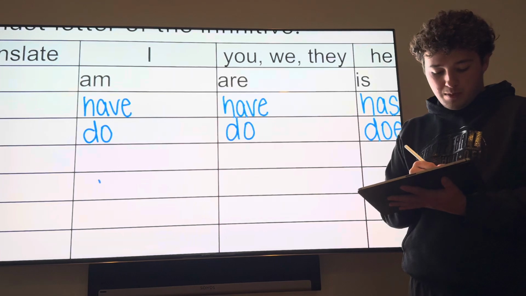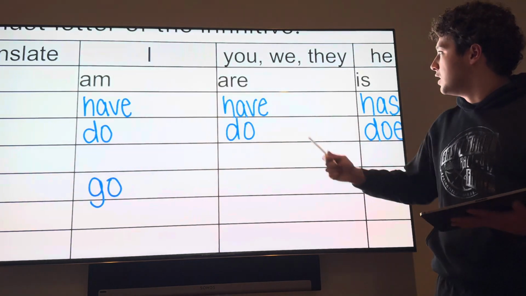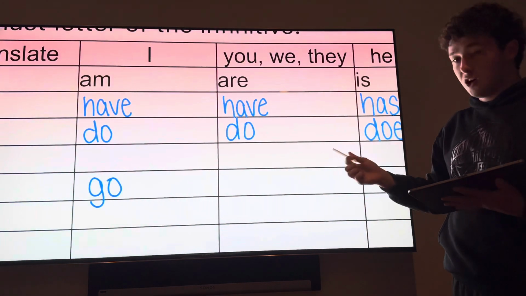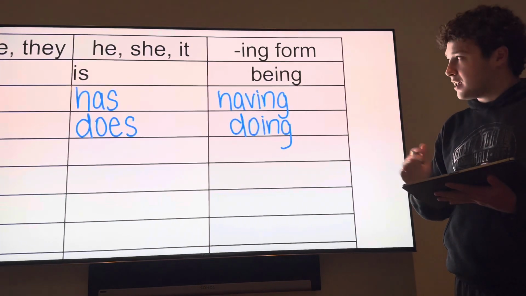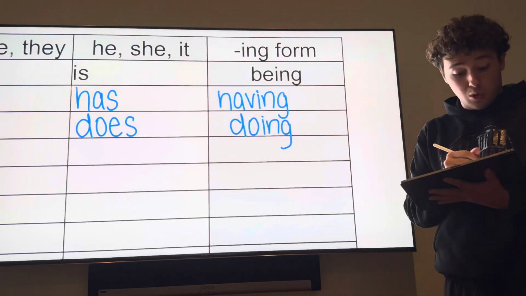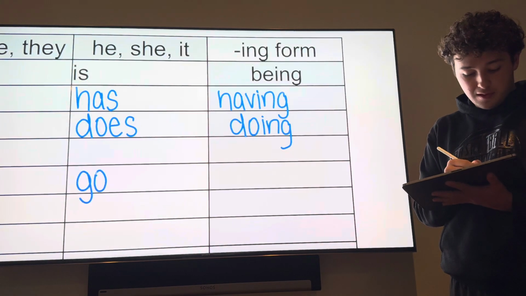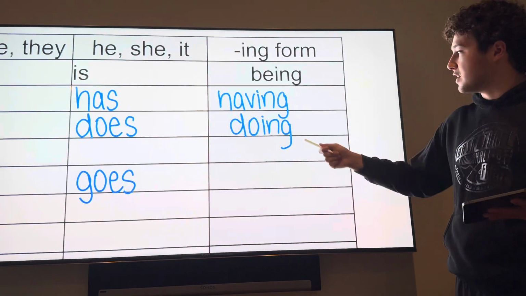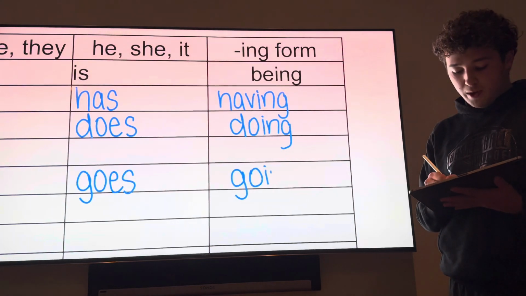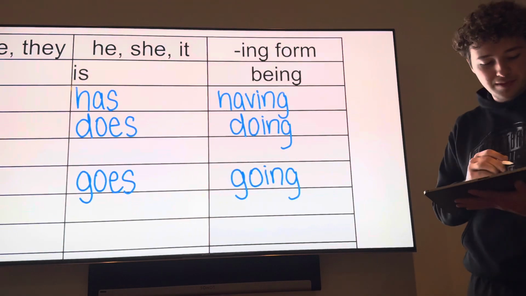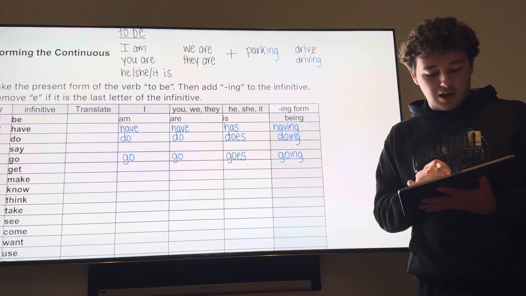I go. You, we, they go. He, she, it goes. And very similar to doing, just adding the ing to form going. Going.